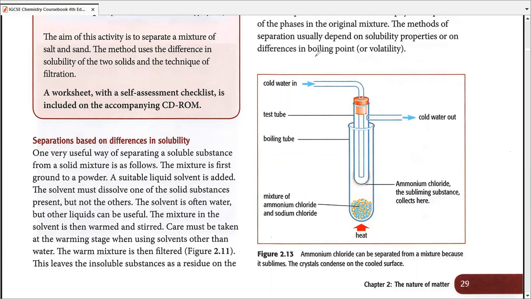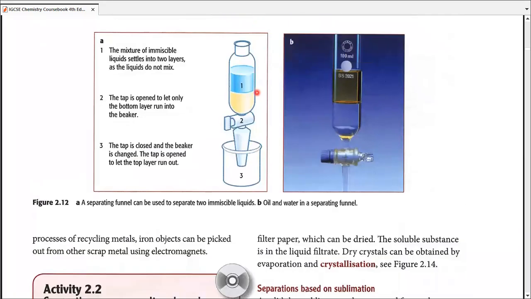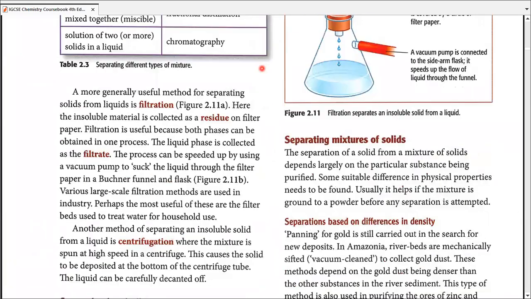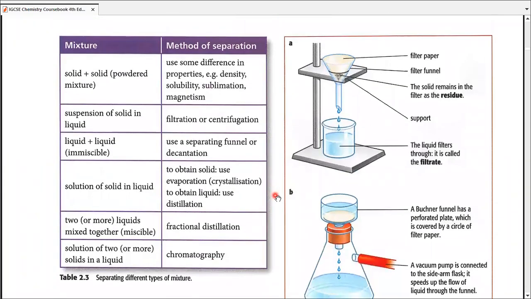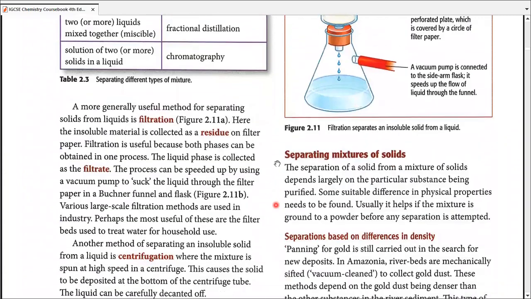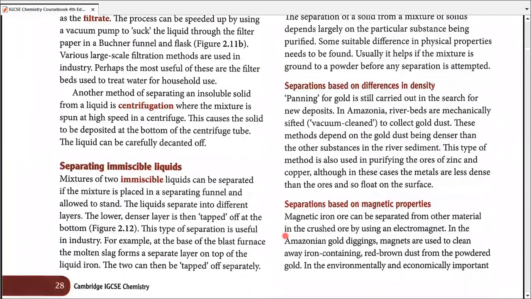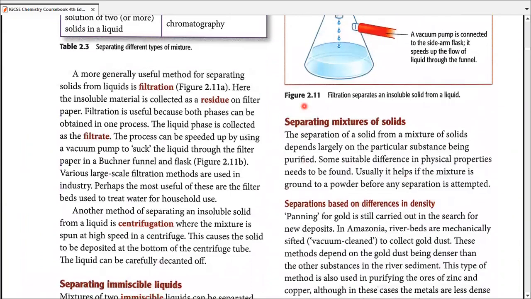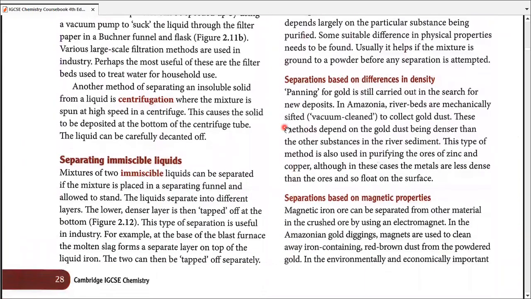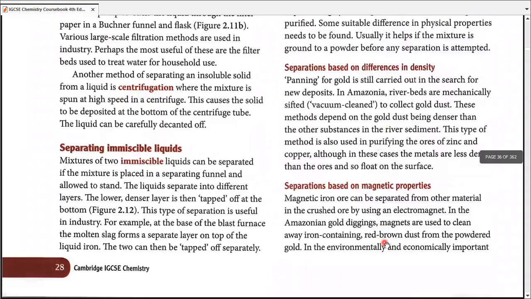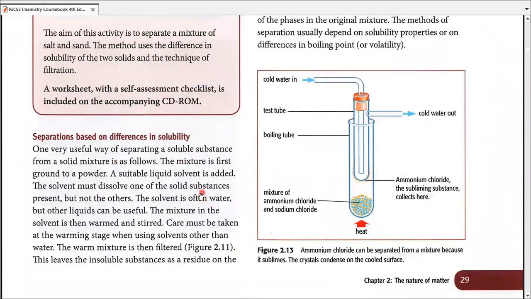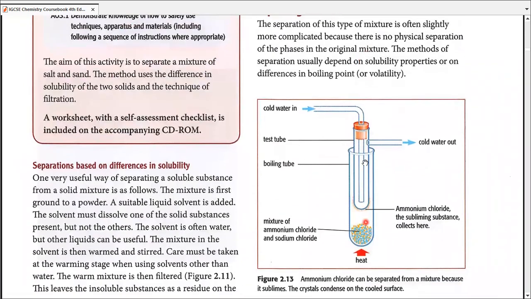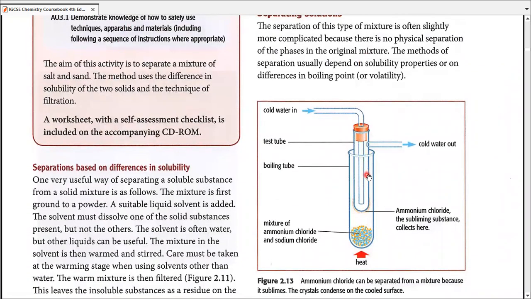Now, when we were doing these separation techniques, I hope you remember that we went through a total of 10 different separation techniques, right? We started off with decantation, then there was filtration, centrifugation, immiscible liquid separation with the help of a separating funnel. Then there were differences in density, magnetic properties. Then we had crystallization for differences in solubilities, and sublimation. Moving on to the last three and most important processes: simple distillation, fractional distillation, and paper chromatography.